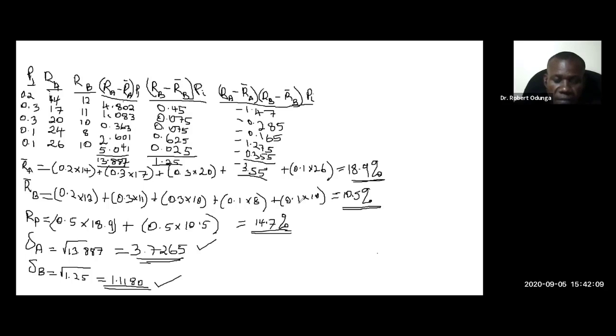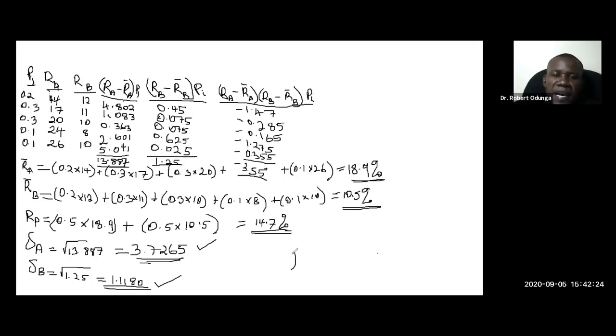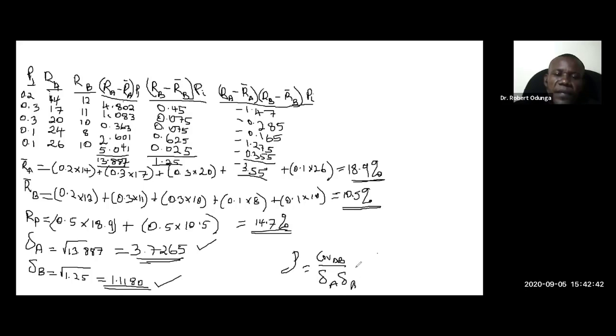Okay, so that is the covariance. So how do you determine the correlation coefficient? The correlation coefficient, which is the rho, is equal to the covariance of AB over the standard deviation of A times the standard deviation of B. So the covariance is negative 3.55.